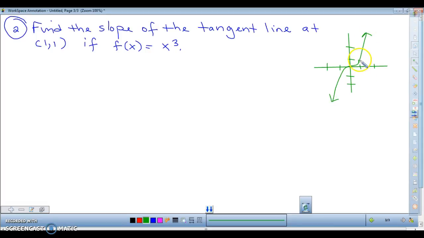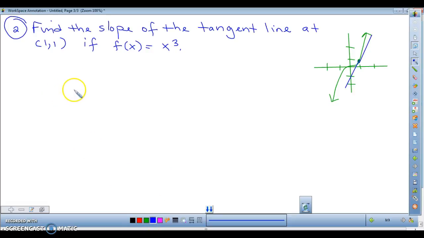This is the point at which we want the tangent line. So here's our tangent line at that point. We will use our limit process to do that.